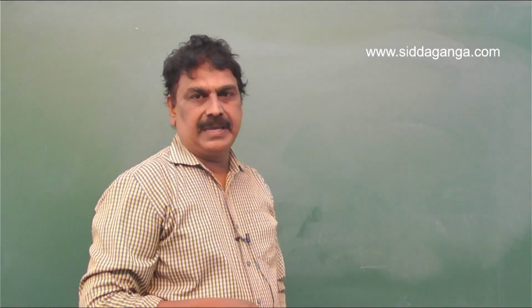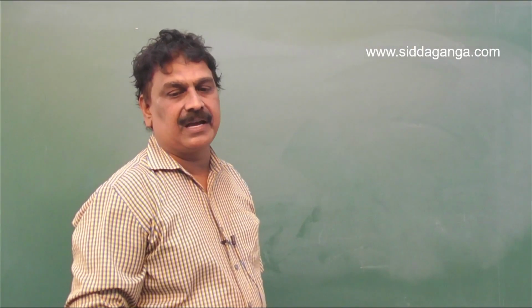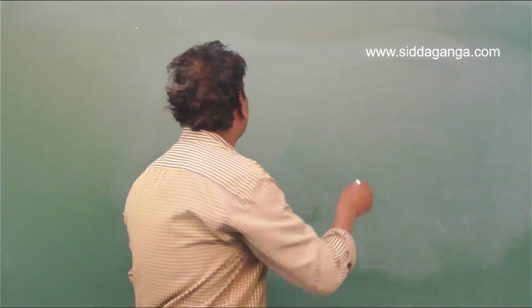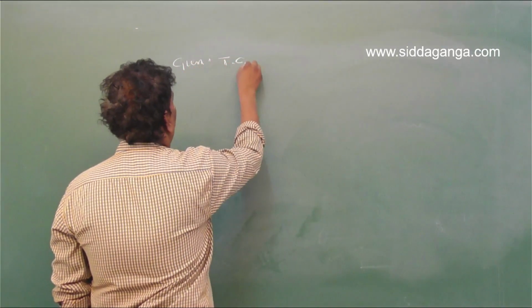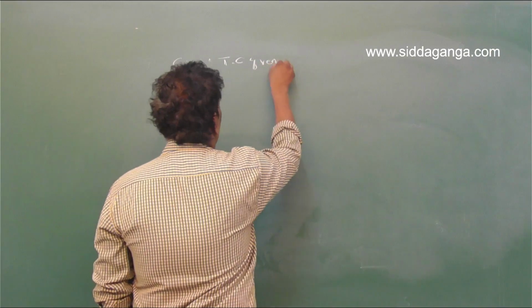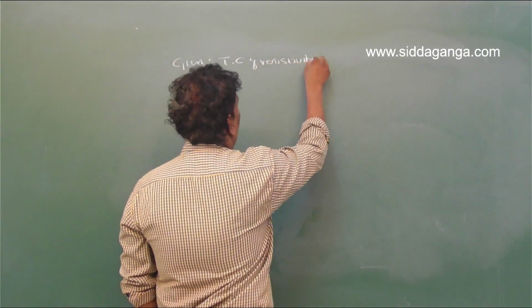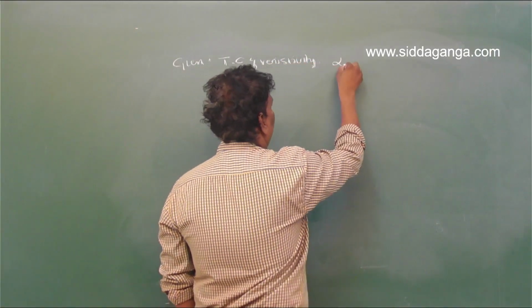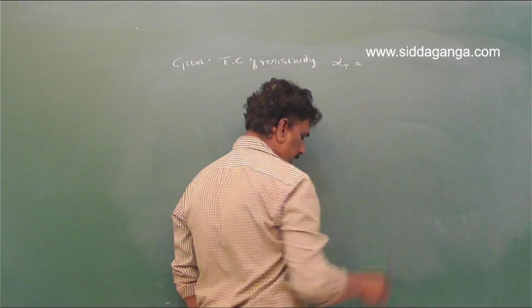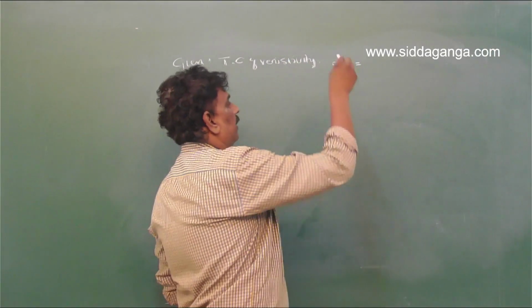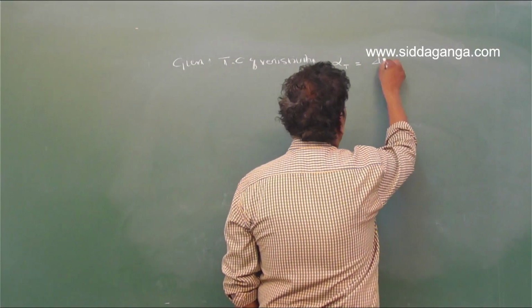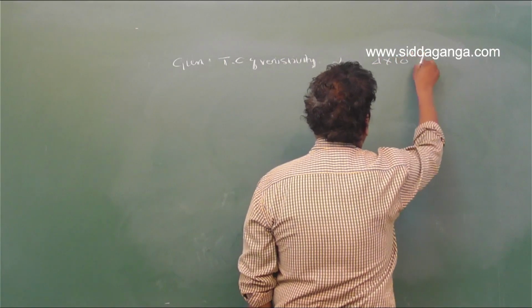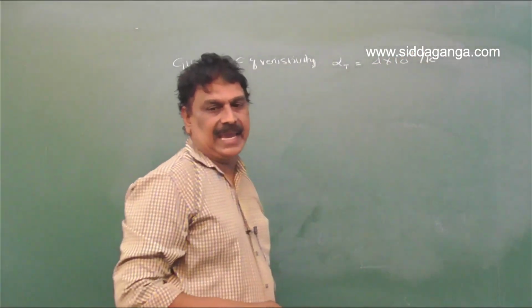Now, in the question, we have been given the temperature coefficient of resistivity of the material, alpha T, which is equal to 4 into 10 raised to the power of minus 4 per Kelvin.